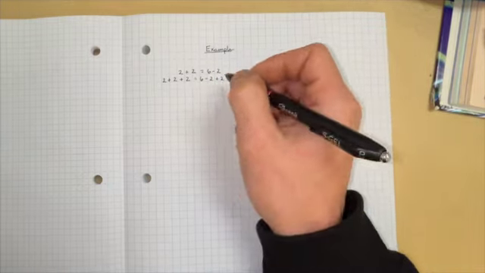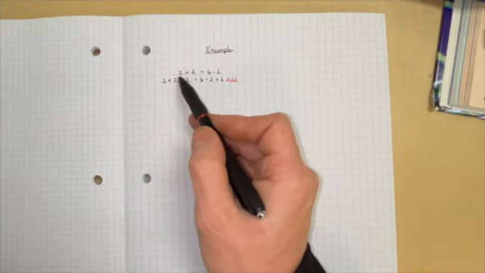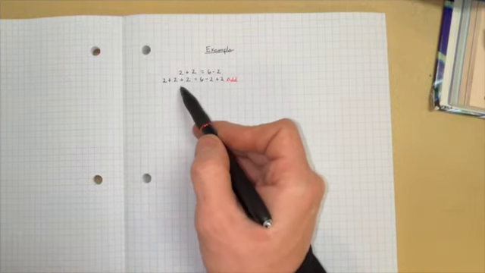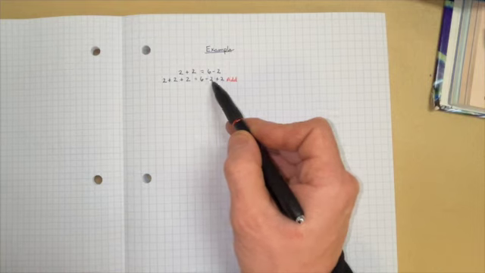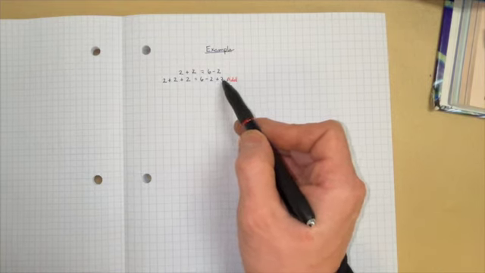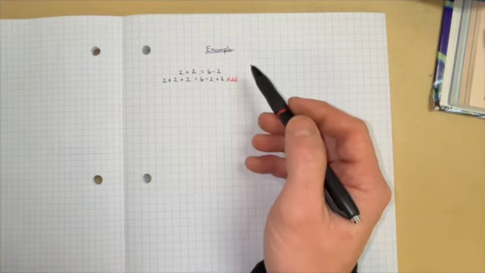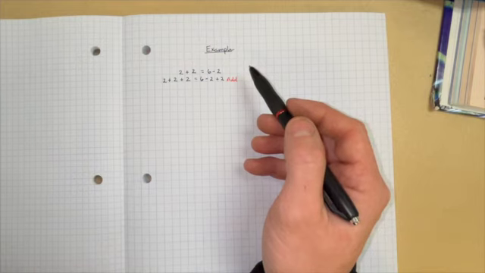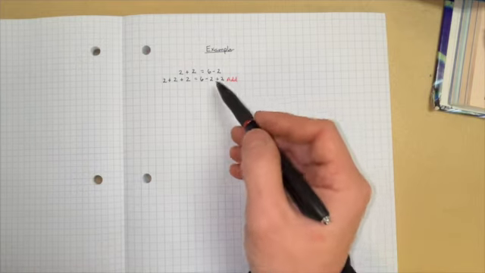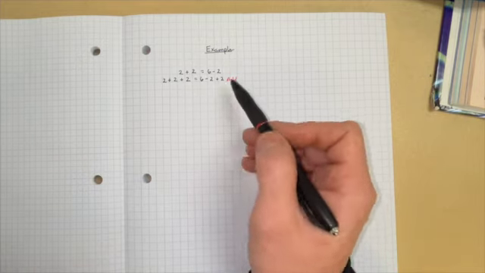But we don't need to do that now. We can just look at it. So 2 plus 2 plus 2 is 6. 6 minus 2 is 4, plus 2 is 6. Yep. So 6 is equal to 6.